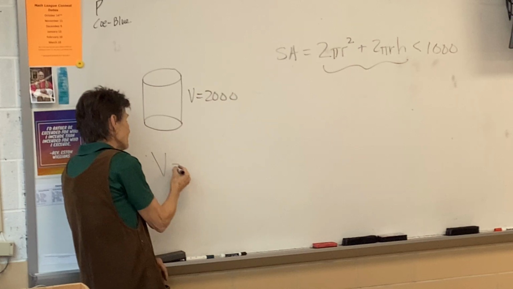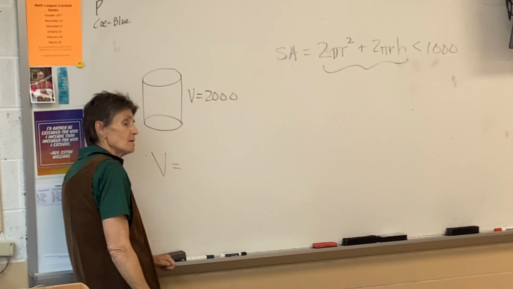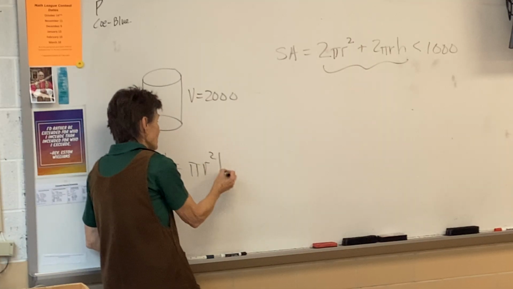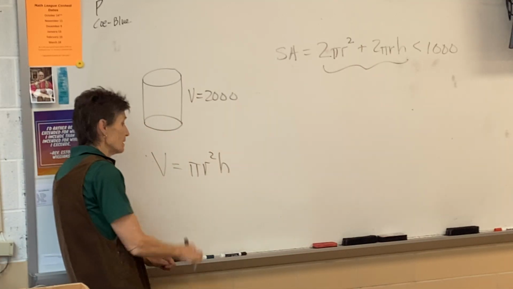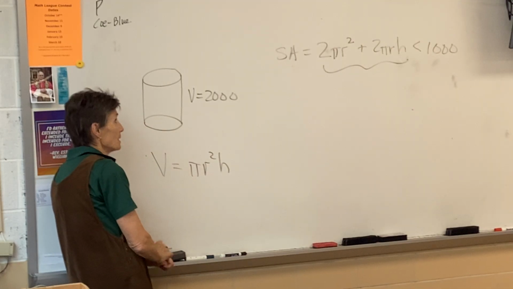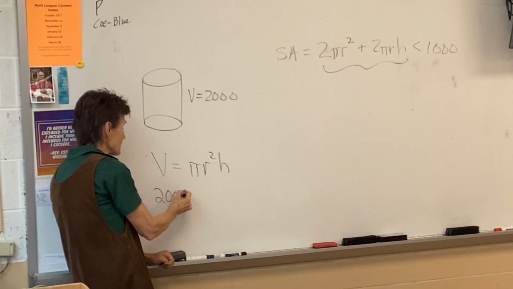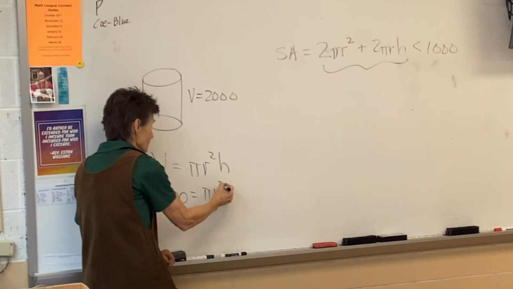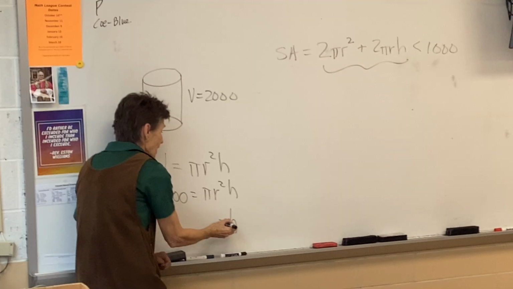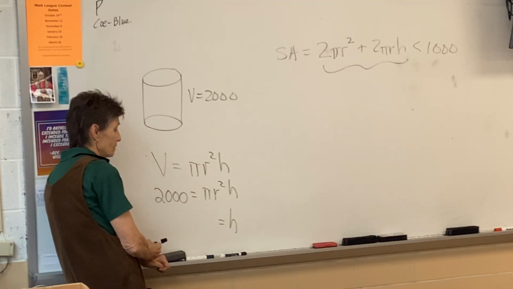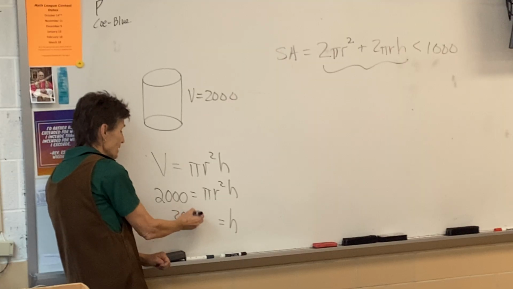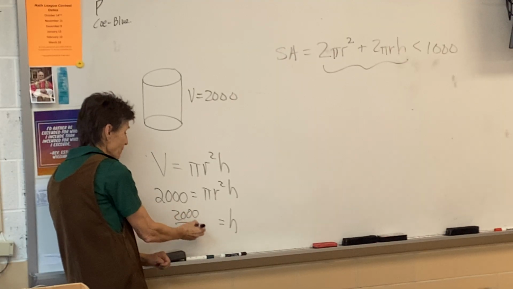The volume, please pay attention. The volume of a cylinder is pi r squared h. The area of the base comes out. I know that has to be 2,000. So what does h have to be? 2,000 divided by pi r squared.